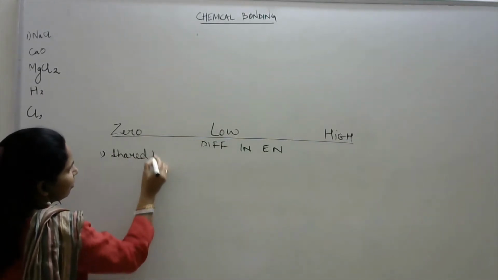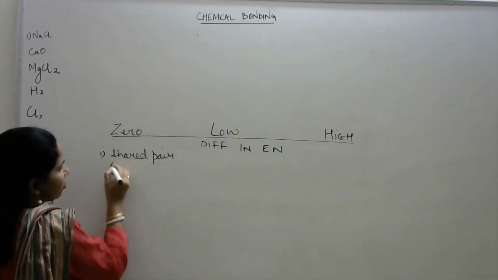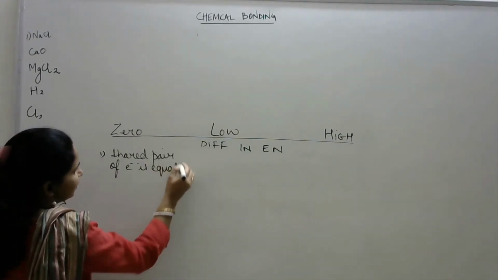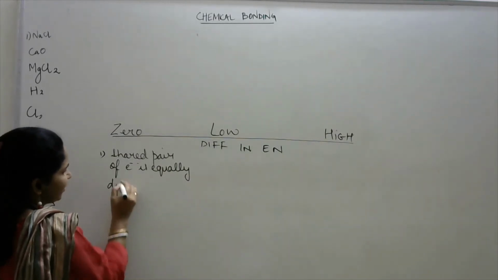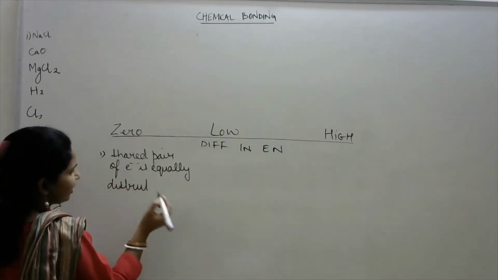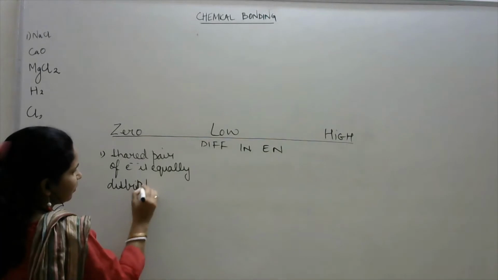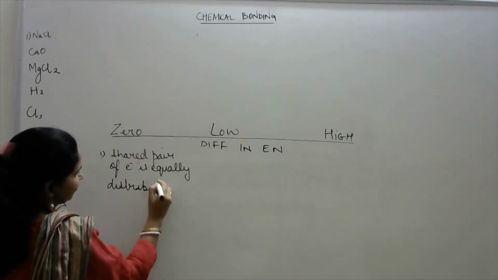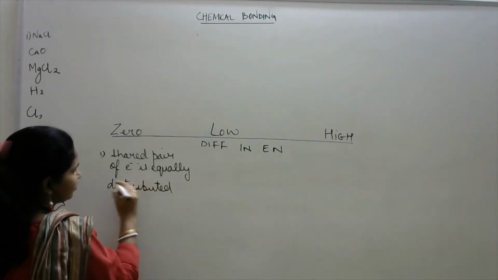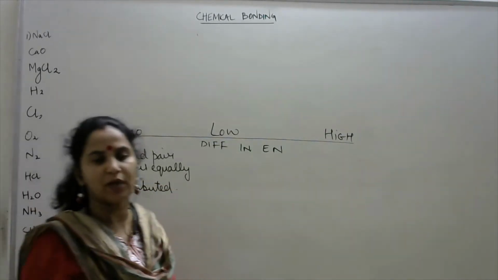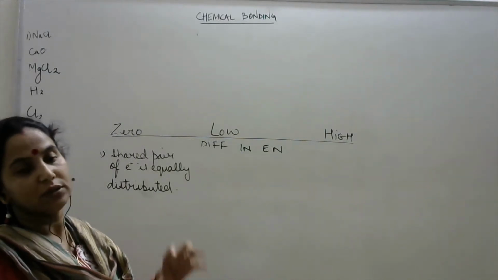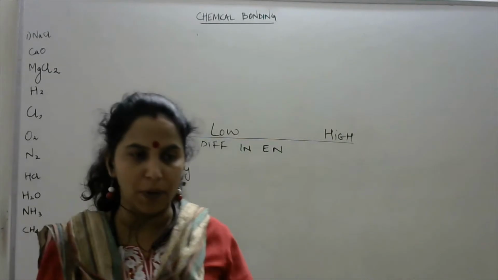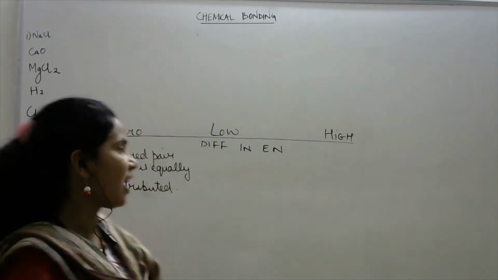So when the difference in the electronegativity between the two atoms is 0, then the shared pair of electrons is equally distributed. इसका मतलब exactly बीच में है. और अगर वो exactly बीच में है, then those atoms are forming a compound, and that compound is having a symmetry.